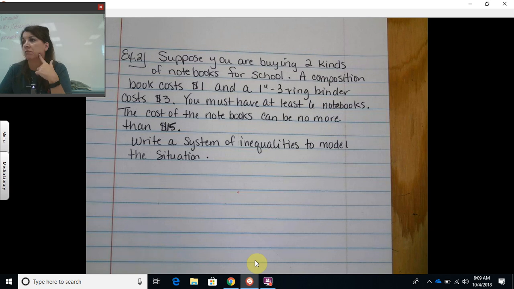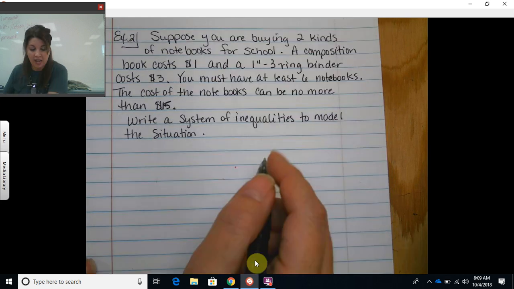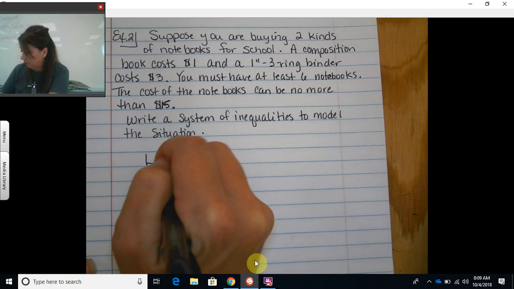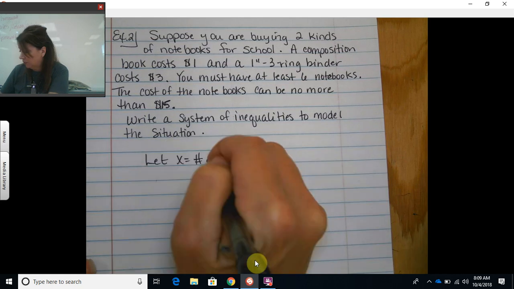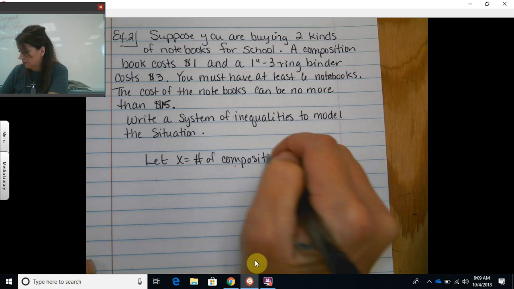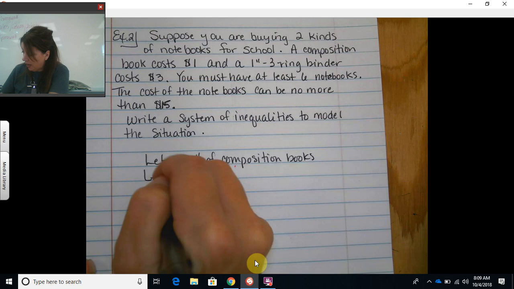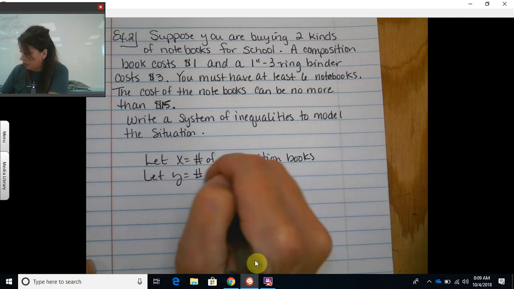No, so we don't have a dependent variable and an independent variable, right? So x can be either one of those, y can be either one, it doesn't matter, but we have to define what is what. So I let x equal the number of composition books. And I let y equal the number of 3-ring binders.